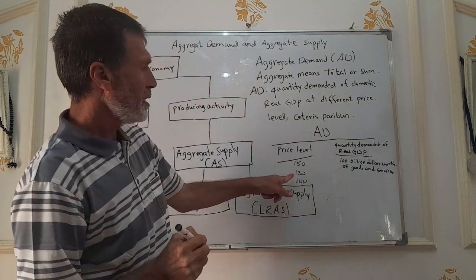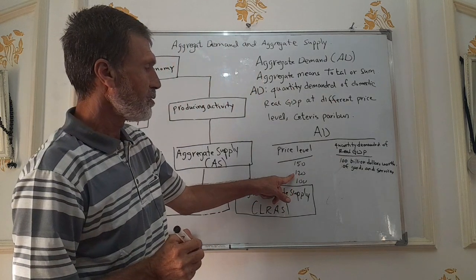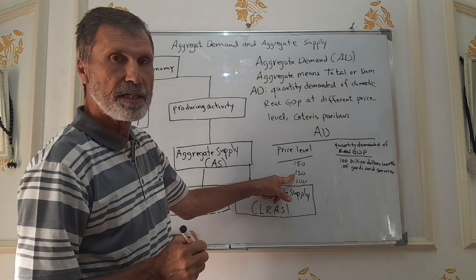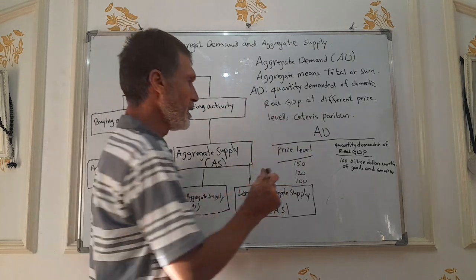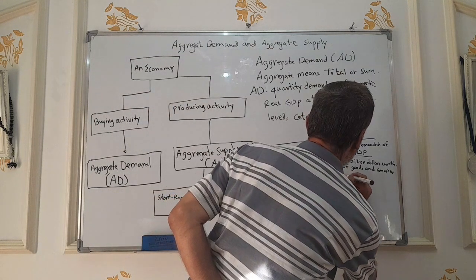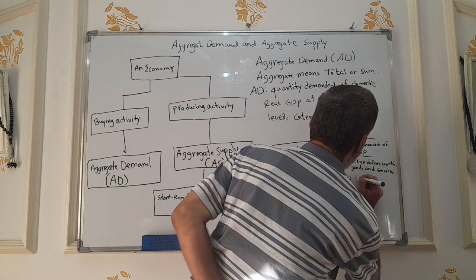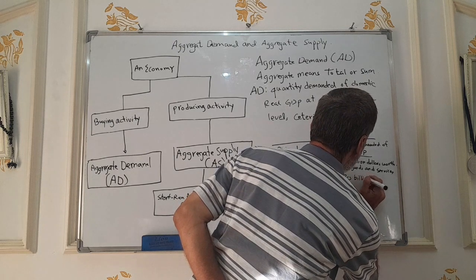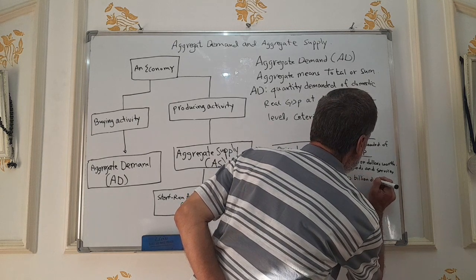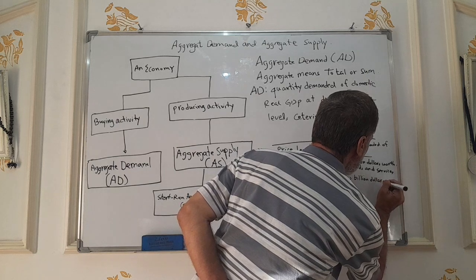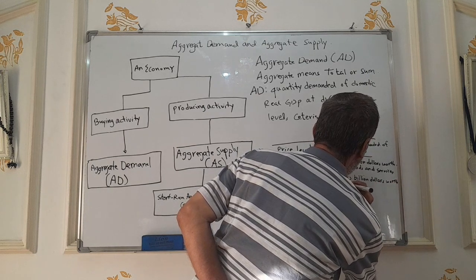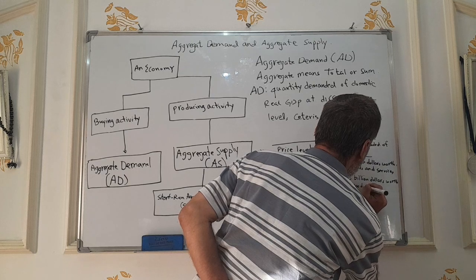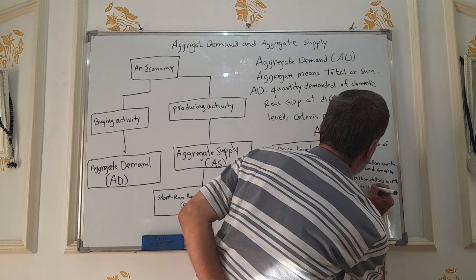What about when the price level goes down to 120? Of course, we're going to expect the quantity demanded of GDP to increase. Let's say to 130 billion dollars worth of goods and services.